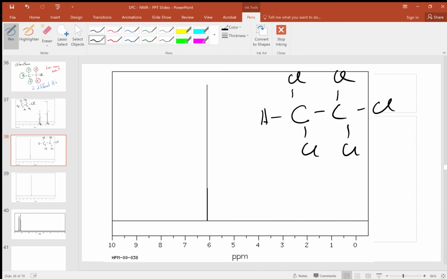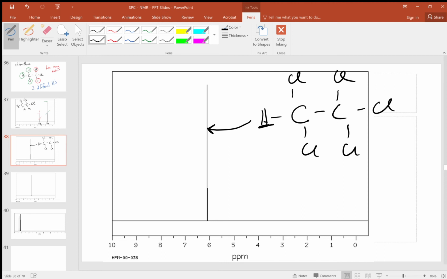So I'm sure you would guess fairly logically that we'd only have one peak given that there's one hydrogen, and it's right here. It's at very high chemical shift because we have so many electron withdrawing groups in this molecule. And that showed up at about 6.1 ppm.